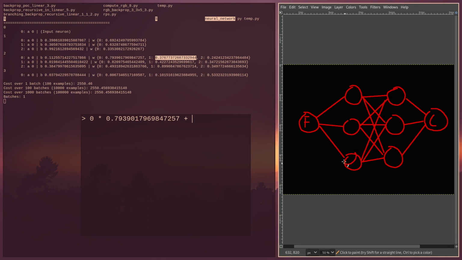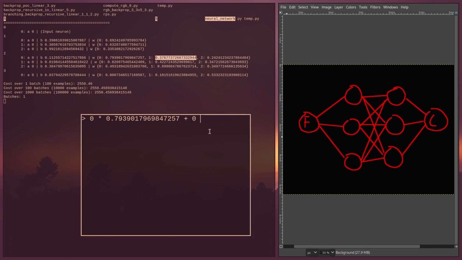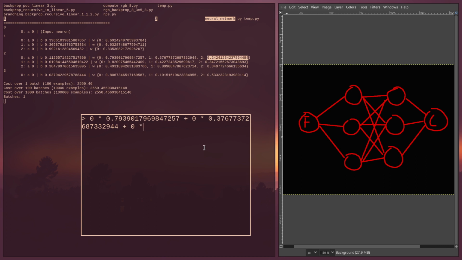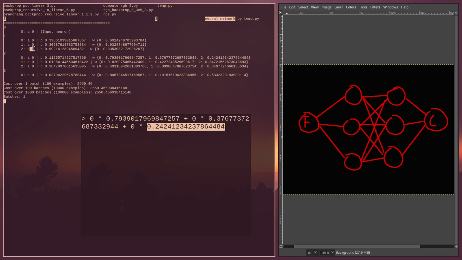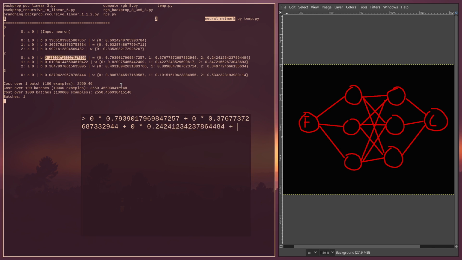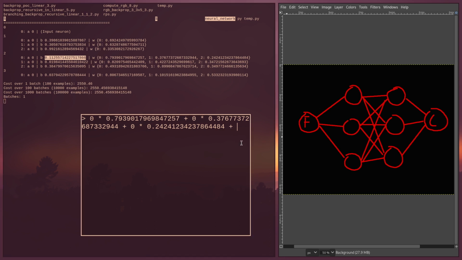Oh, sorry, yeah, and it has this one as well. So it's all 3. This one would also be 0 times 0, because this neuron up here had an activation of 0. And then the third one would again be 0, because this one had an activation of 0. And then the bias would be added, which is this number.